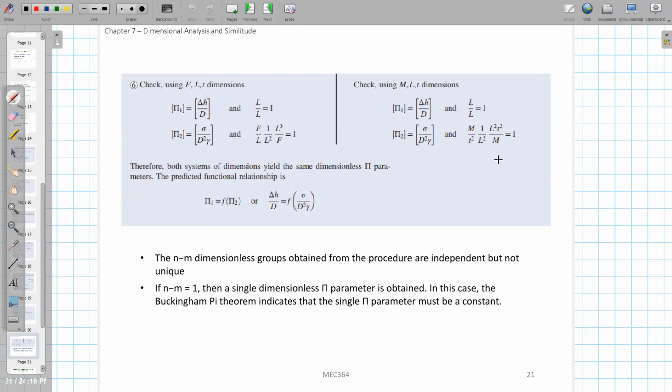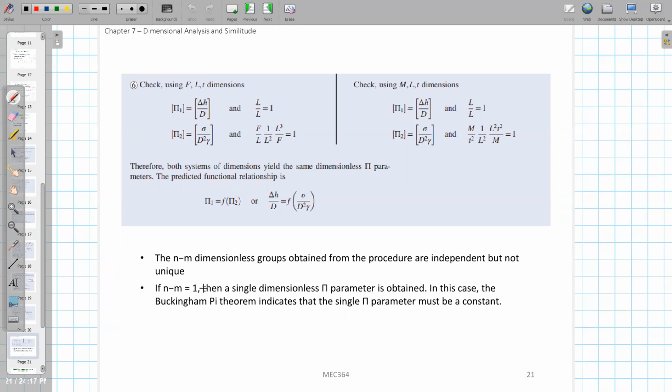Okay, and for a special case, if you have n minus m equal to 1, where n is the number of dimensional parameters and m is the number of fundamental dimensions. For example, if you only have 4 dimensional parameters, and you have 3 dimensions, M, L, T, so 4 minus 3 equal to 1. So in the end, you only have one dimensionless parameter found.